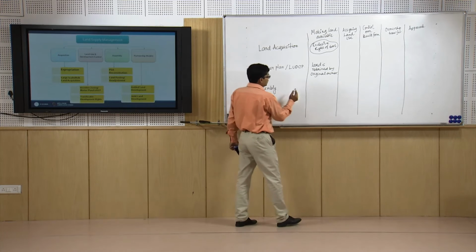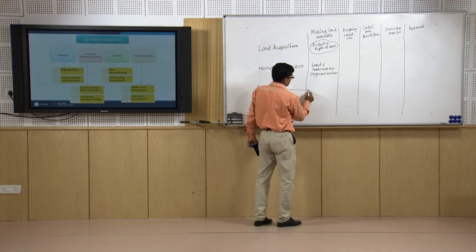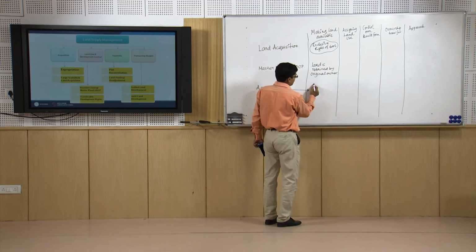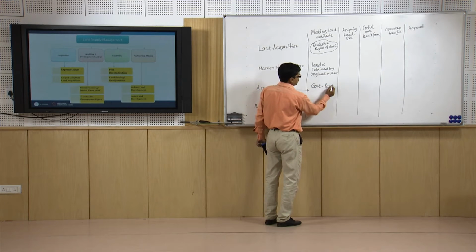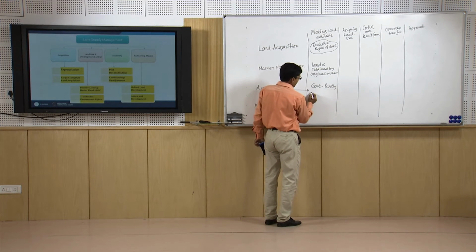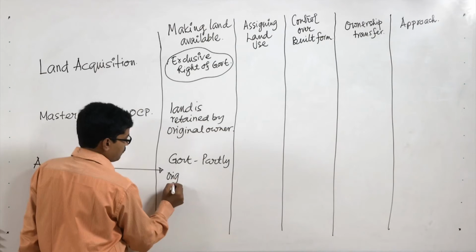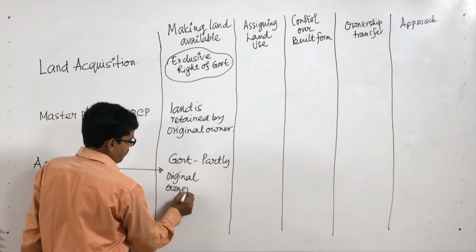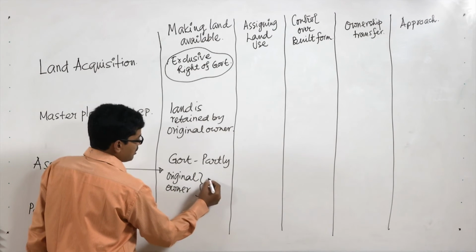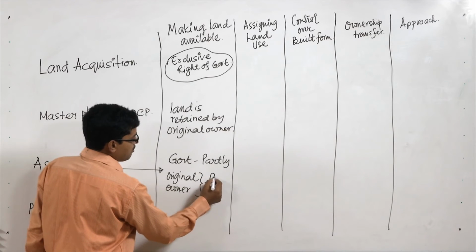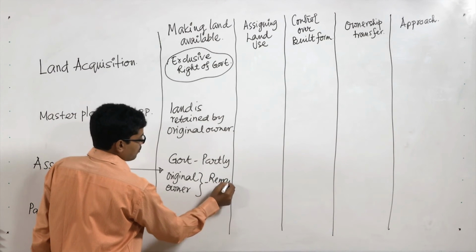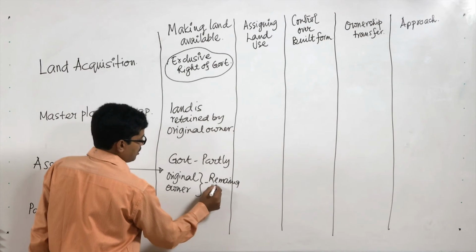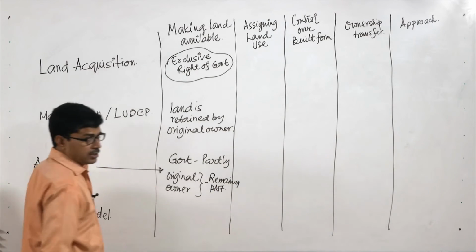In assembly, government takes the land partly and the original owner keeps the land ownership of the remaining plot. Let me elaborate this part.